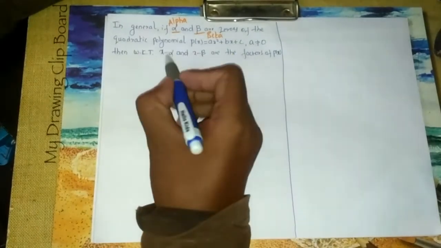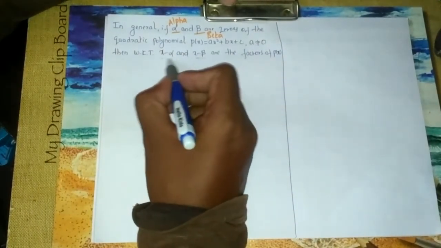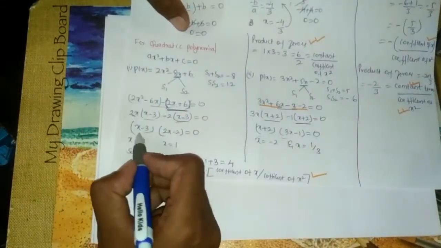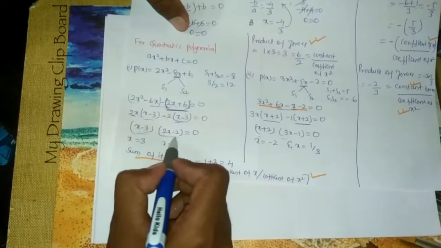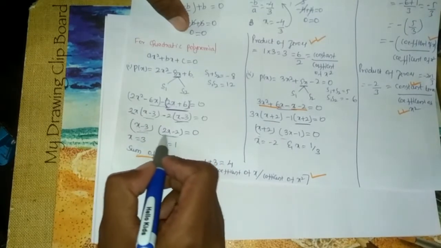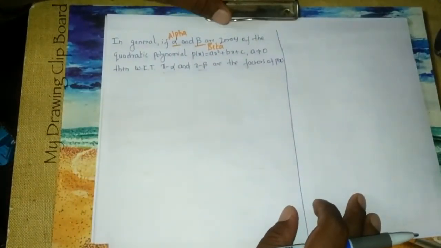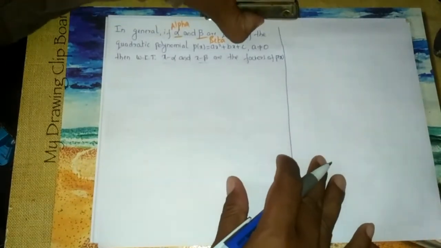This we have already seen in the previous example, where the factors were x minus 3 and x minus 2. So x minus alpha and x minus beta are the factors of p of x.